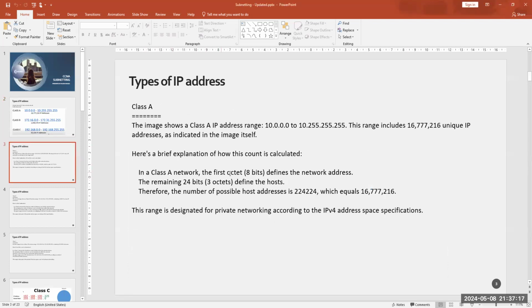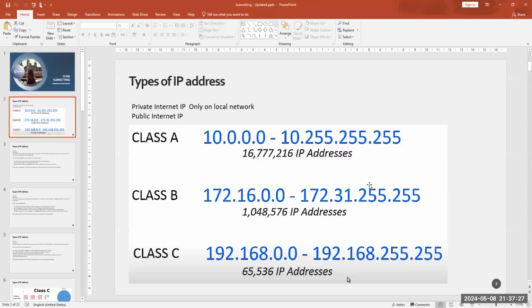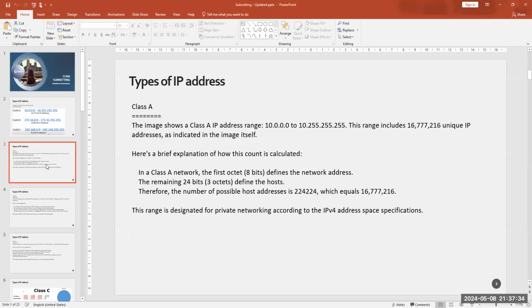So in class A, the first octet, 8 bits, defines the network address, right? And the remaining 24 bits, 3 octets, define the host. Yes.